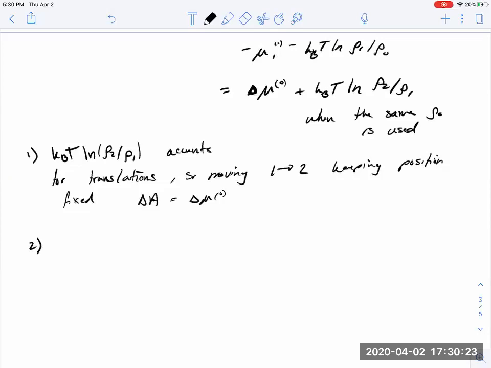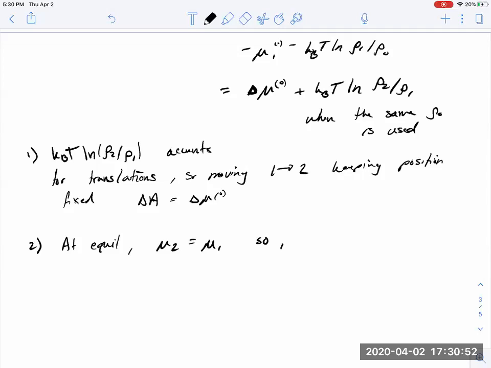By contrast, at equilibrium, when those solutes have partitioned themselves in such a way to minimize the Helmholtz free energy, it must be the case that mu2 is equal to mu1, or that delta A is 0, it's minimized.